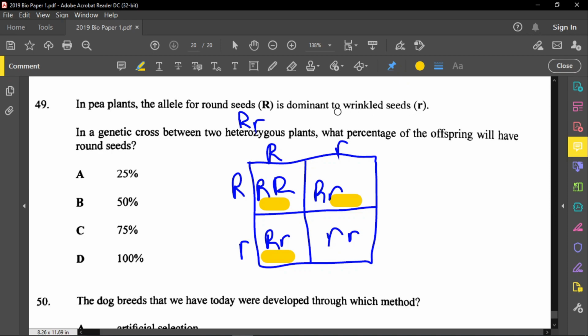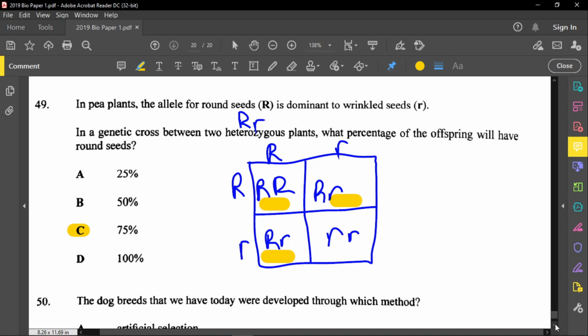A wrinkled seed, which is recessive, can only show when there are 2 recessive alleles, okay? And so out of the entire thing, 3 out of 4 will be round, which means 75%. 3 out of 4 times 100, 75%. So 75% of the seeds will definitely be round.